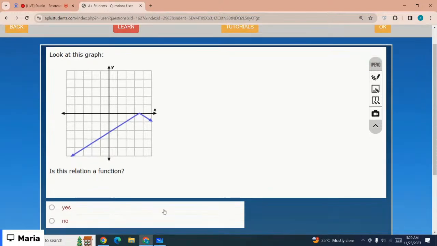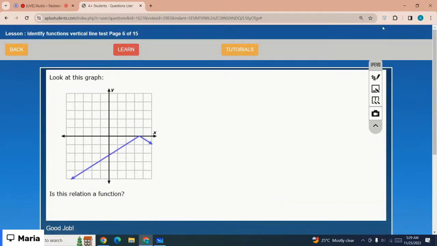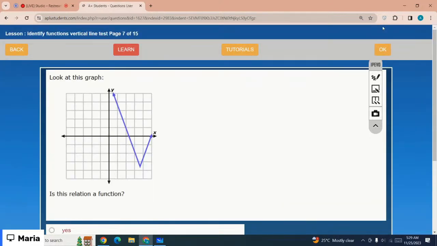Yes, it is a function. The correct option is yes. Look at this graph. Is this relation a function? The correct option is yes.